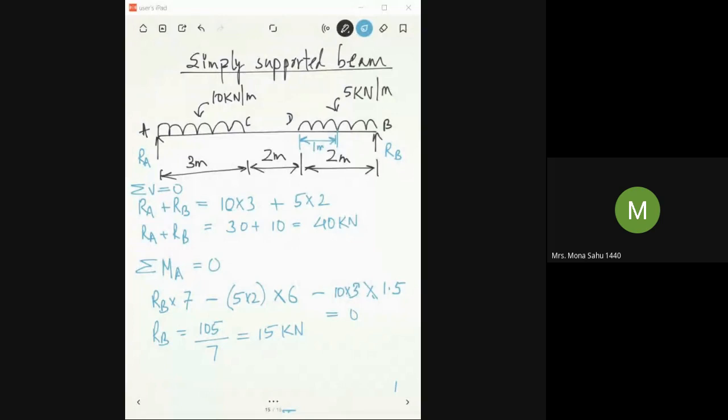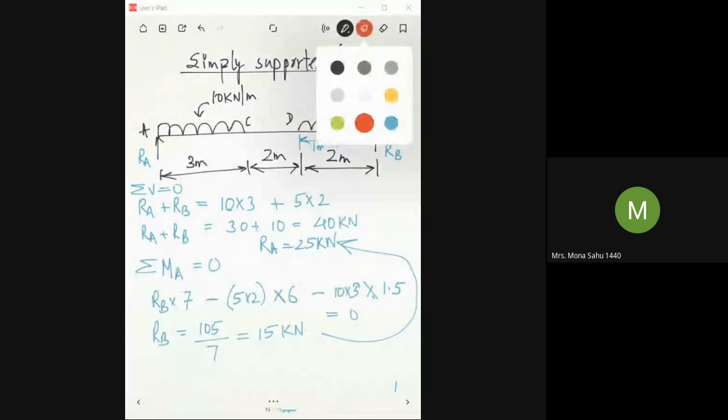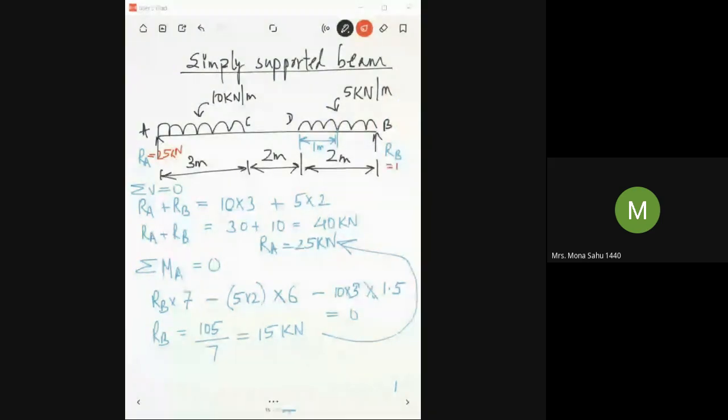All right, so if you substitute RB here, you will get RA is equal to 25. Please write it down. So this is the first step. Calculate the reaction forces at the supports. Let me know once you're done.